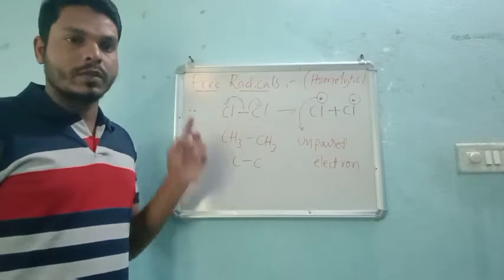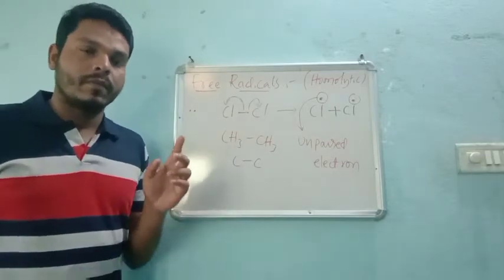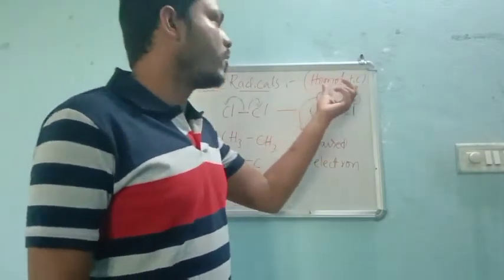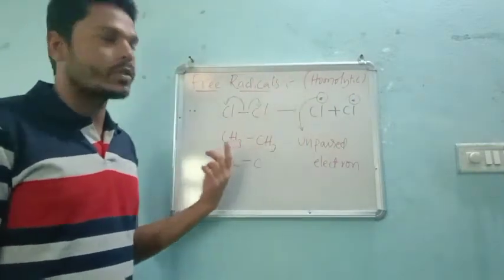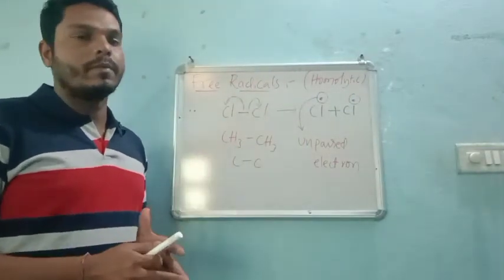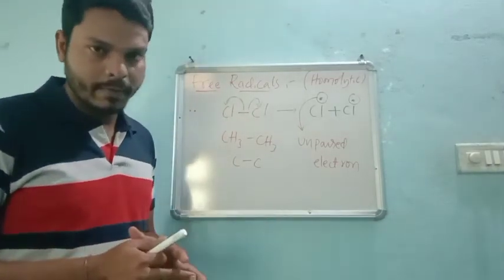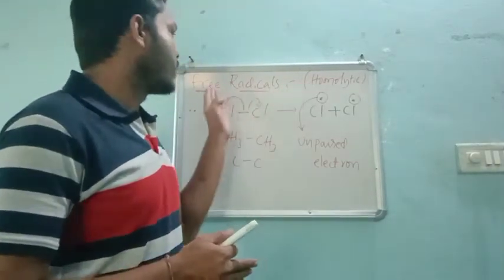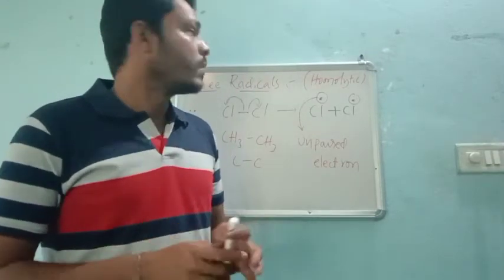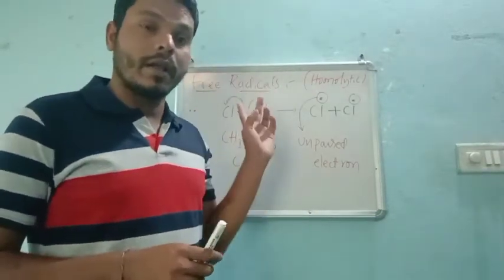Right? So a free radical will form whenever homolytic cleavage takes place between two elements of the same electronegative character. The free radical will not form in heterolytic cleavage.